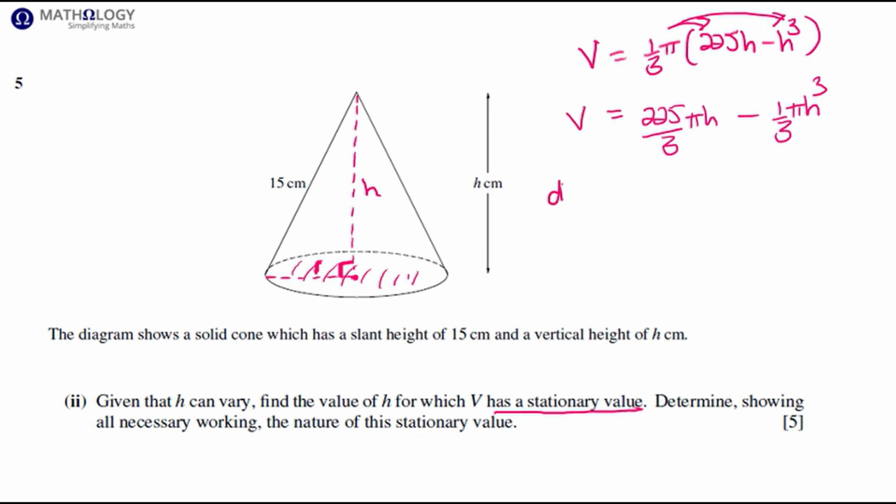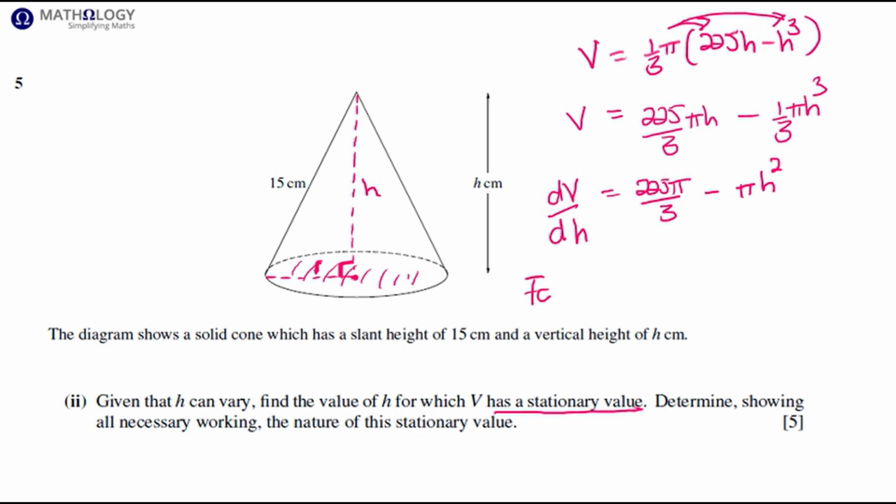And now we can find the derivative function, sorry, not dv dt, dv dh. 225 pi over 3 is a constant, and the derivative of h is 1, so we'll just have 225 pi by 3 minus. A third pi is a constant. A third pi times 3 will just give us pi, and then h squared.